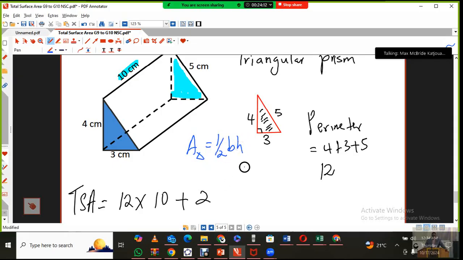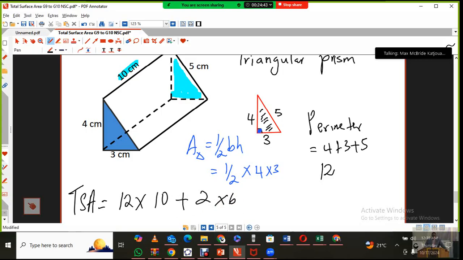In this case, it's half times the base, which can be 4, times the height, which can be 3. It doesn't matter as long as it is those two sides that are perpendicular to each other. You understand? What is 4 times 3? 12. What is half of 12? 6.